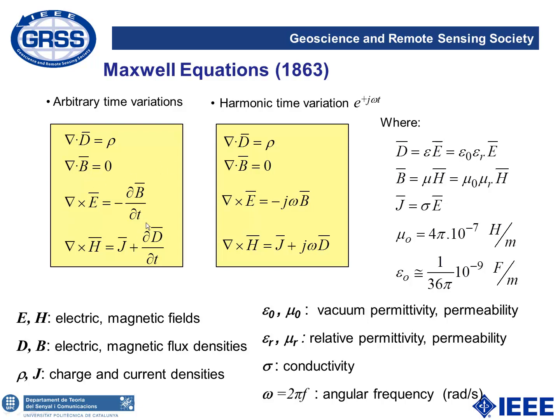These Maxwell equations, either in the arbitrary time or harmonic case, actually tell us that for static conditions, electric and magnetic fields are independent. But in the case of changing fields or time evolution, these fields, electric and magnetic, become coupled.